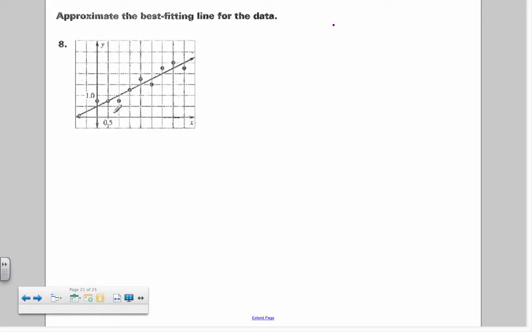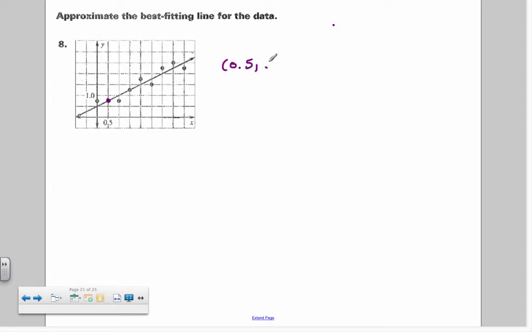So if I take a look here at my data, it looks like here is the 0. This is going up by 0.5. And here we have going up by 0.5 as well. So if I were to look at this point right here, I might approximate this point to be 0.5 on my x, but it's not quite to 1. It's about between 0.5 and 1.